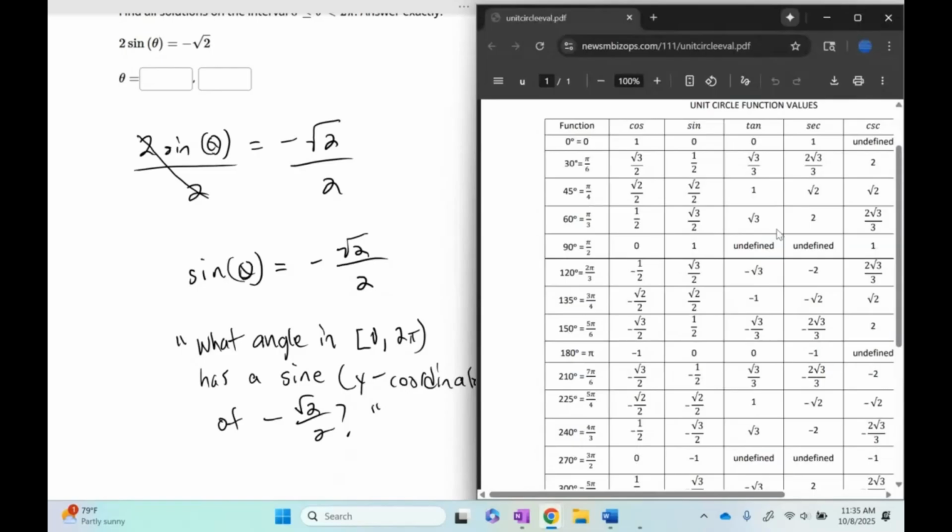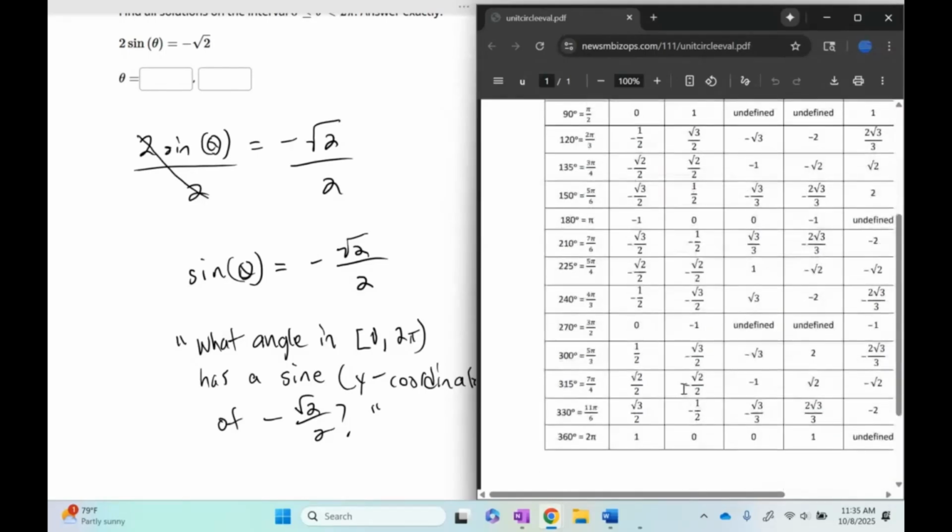All right, so if you look at your unit circle function values, I'm looking in the sine column, and it looks like 5 pi over 4 has a sine value of negative square root of 2 over 2, and so does 7 pi over 4.